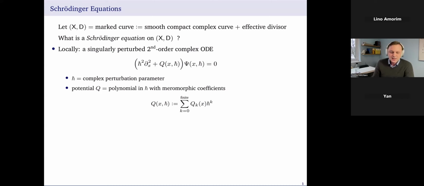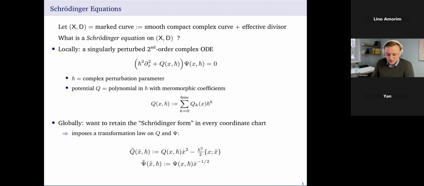Yeah, exactly. This is all coming, but that's exactly what you should think. Yeah, poles bounded by D, precisely. And also, I want to say that the fact that I'm assuming it's a polynomial in h bar is not so important, it can be generalized relatively easily. But anyway, let me stick with the polynomial case.